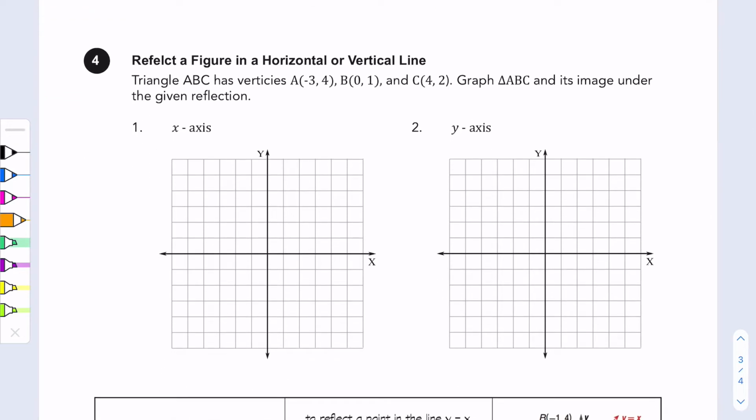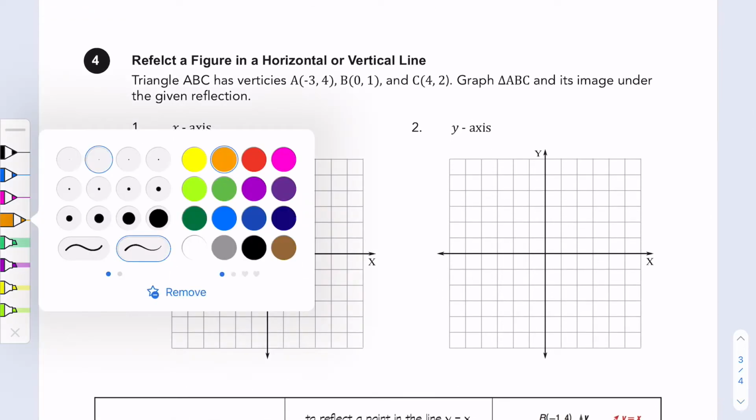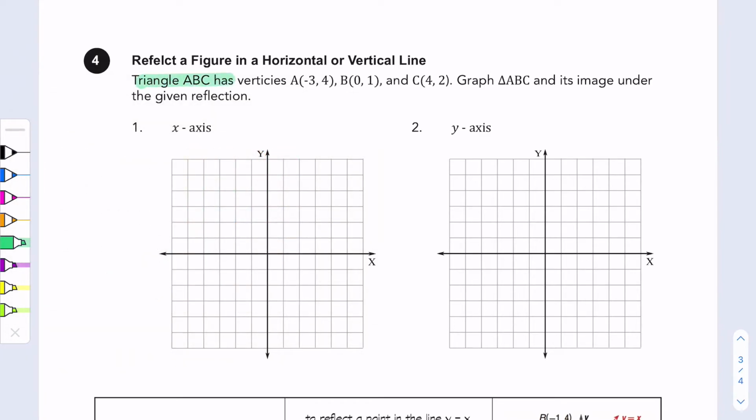For the next example set, we are now reflecting a figure. We're going to be reflecting triangle ABC with vertices at A of negative 3, 4, B at 0, 1, C at 4, 2. We're going to graph ABC and its image under the given reflection. For number 1, we are reflecting across the x-axis.